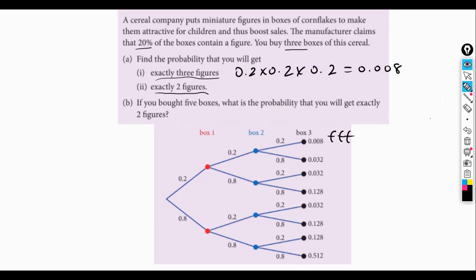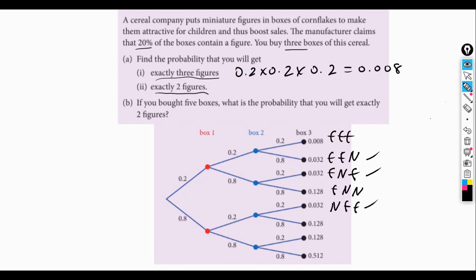Then we have, for number 2, exactly 2 figures. So let's take a look at this tree diagram and notice that here we have figure, figure, no. So this would be one case where you have exactly 2 figures. Then when you have figure, no figure, figure, this is another case where we have exactly 2. Then we would have figure, no, no. Then here we would have no, figure, figure.